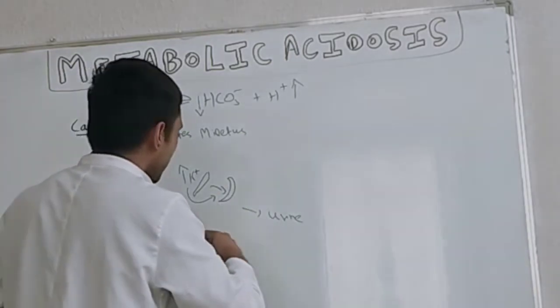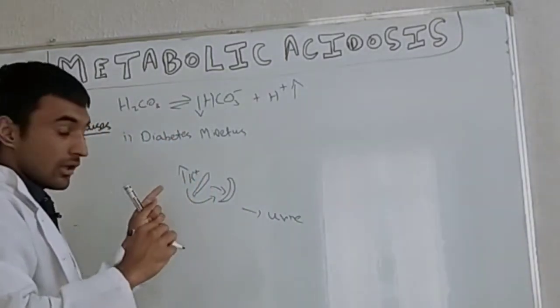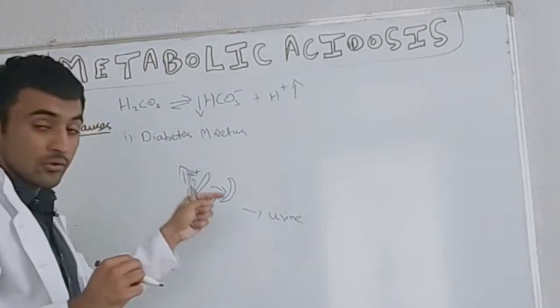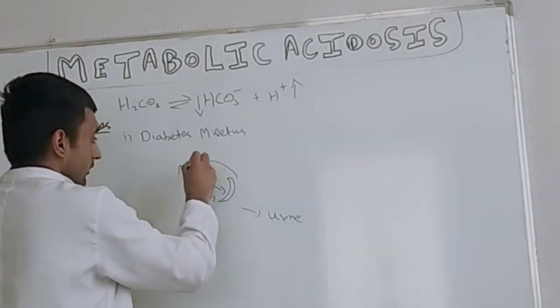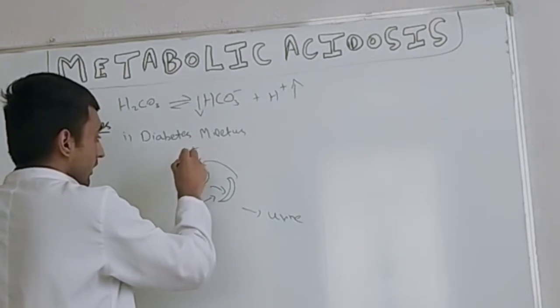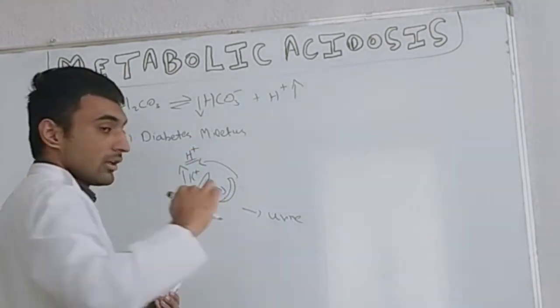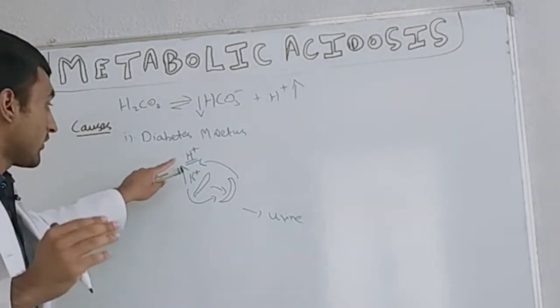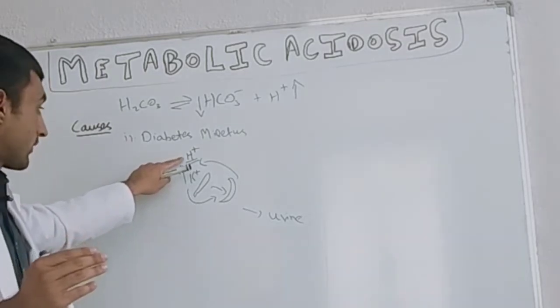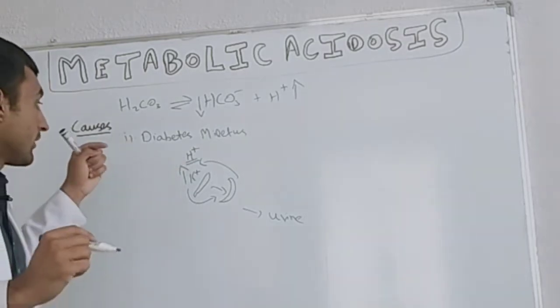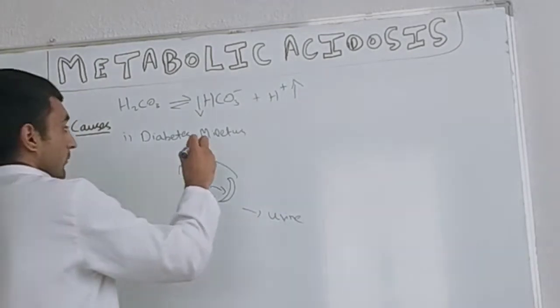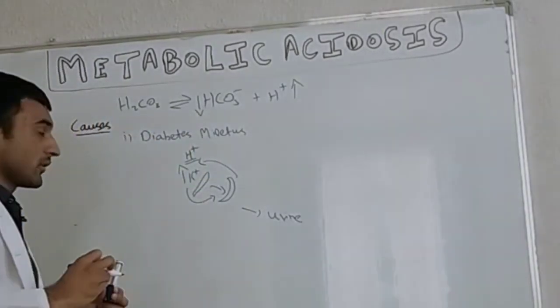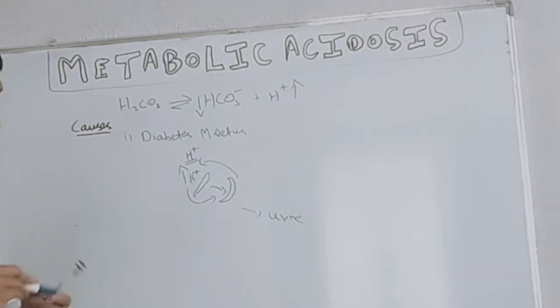These potassium ions would be lost into the urine, and in turn it would increase the hydrogen ion gradient. It would start to restore the hydrogen ion concentration. So ultimately, the concentration of the hydrogen ion would increase in the blood. That's why diabetes mellitus is a major cause of metabolic acidosis.